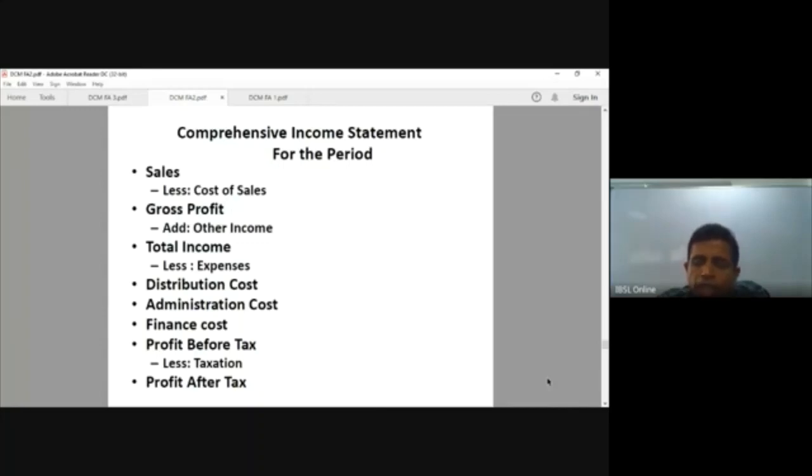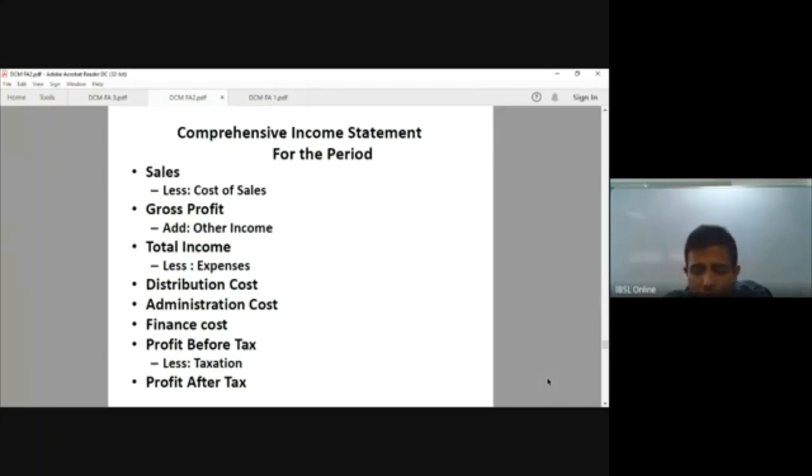Normally, we do not take those into account other than for information purposes. Therefore, what we have to worry about in the income statement is from sales up to profit after tax. Normal business income and expenses will get reflected in the income statement.